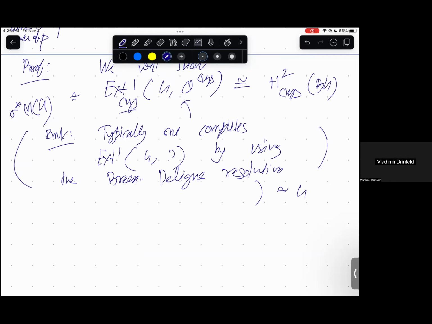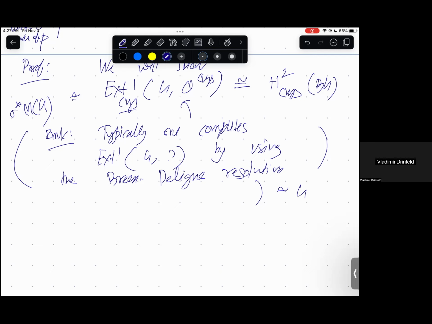Suppose you have abelian groups G and A. Then on the one hand, you can consider the group Ext^1 from G to A, and this group classifies extensions of G by A in the category of abelian groups.